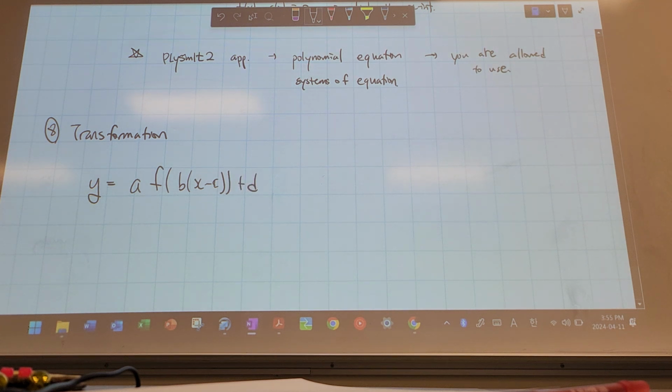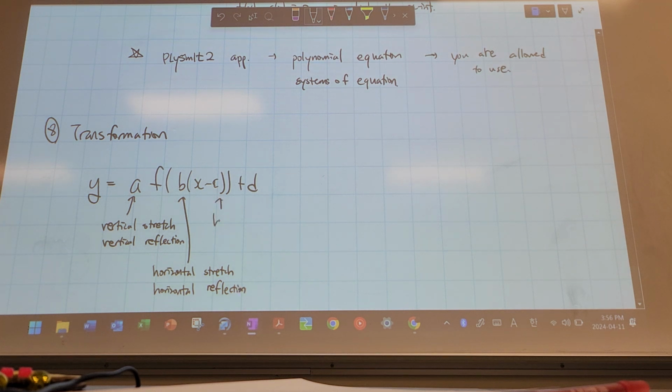And each of them has a specific role. A is for the vertical stretch, also a vertical reflection. And B is responsible for the horizontal stretch and the horizontal reflection.